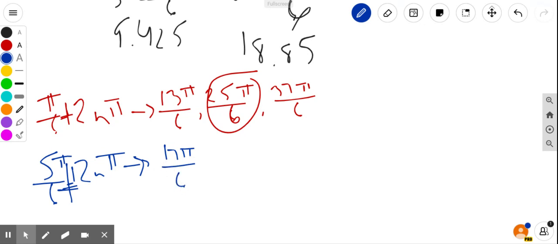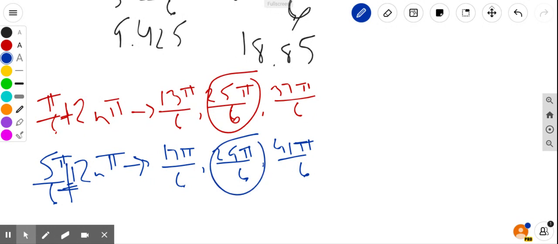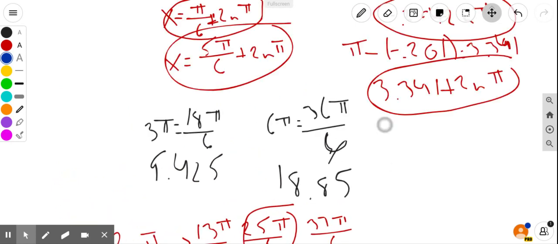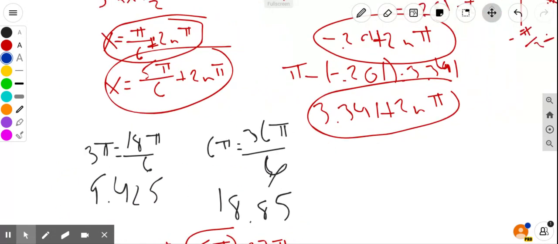That's right outside the range. I do it again. I add one more. I get 29 pi over 6. That works. I do it again. I'm going to end up with 41 pi over 6. That doesn't work. So this is my solution right now. Those two come from these two right here.